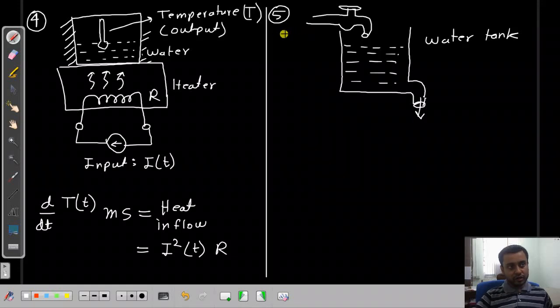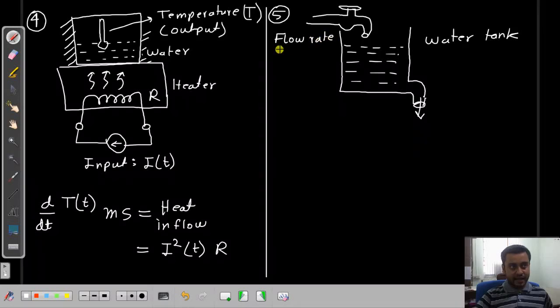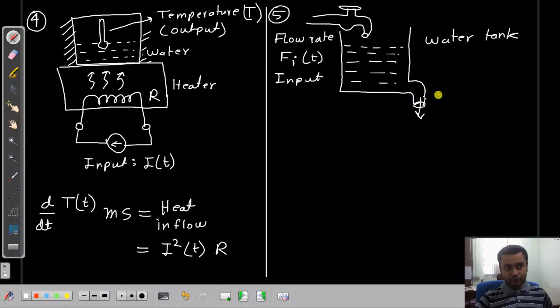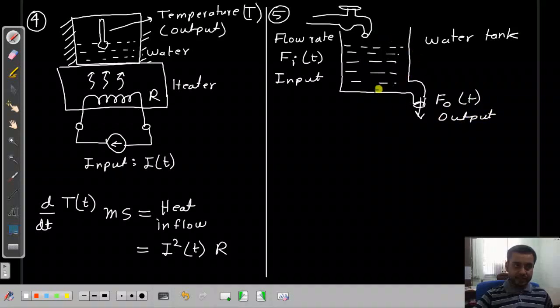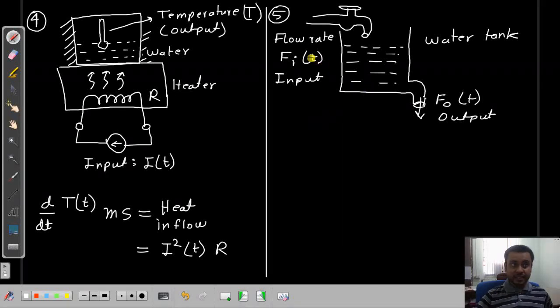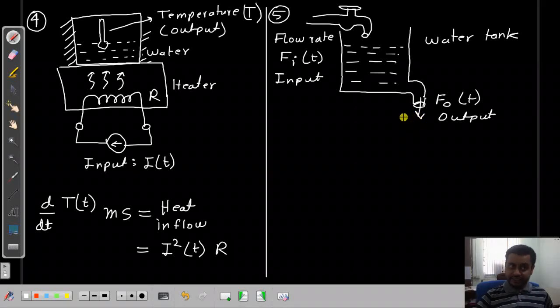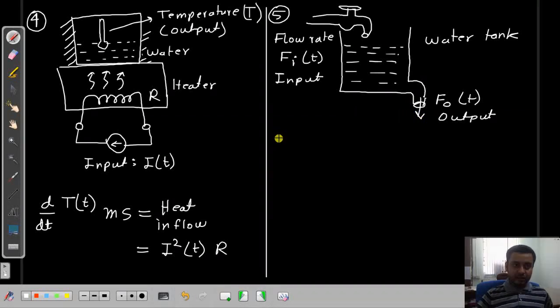Let me call the flow rate into the tank Fi(t), the amount of water flow per unit time, that is my input, and the amount of water flow that comes out of the tank, let that be the output. This way, this is a system. We can again find the relation between the input and output easily this way.